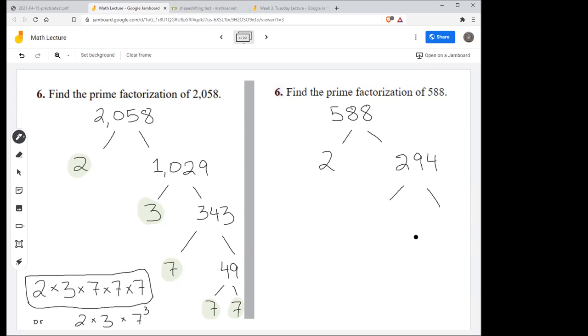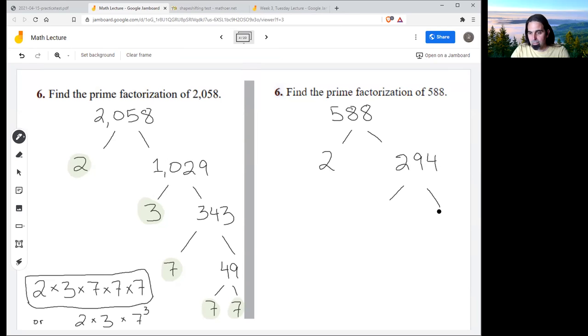Do you divide by 3? 3 would work. I can tell that in advance because the trick for 3 is add up the digits. 2 plus 9 plus 4 is 15. Does 3 go into 15? Yes, so we'll go into this also. So 294 divided by 3, I'm getting 98 as the other number.